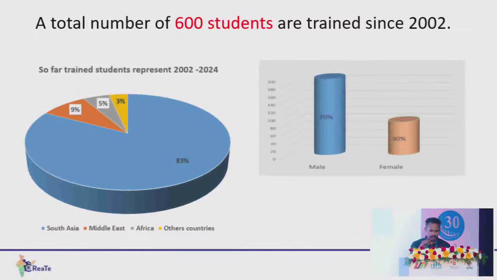So, we have trained around 600 students from the year 2002 till present of prosthetic and orthotic professionals. Our students mainly represent the South Asia region, which accounts for 60% from India, and overall 30% represent women P&O.